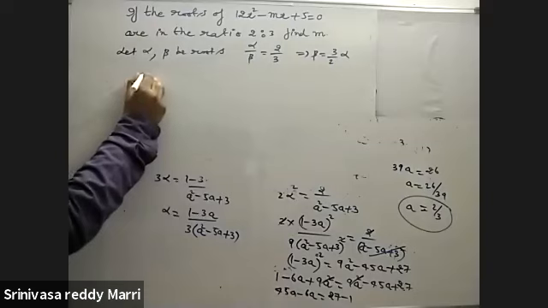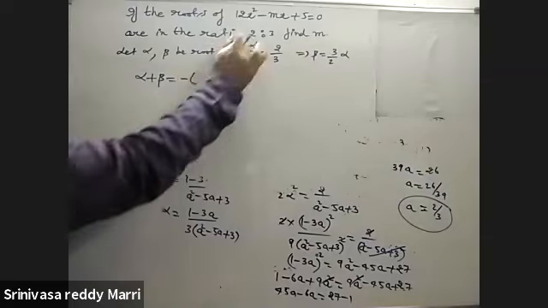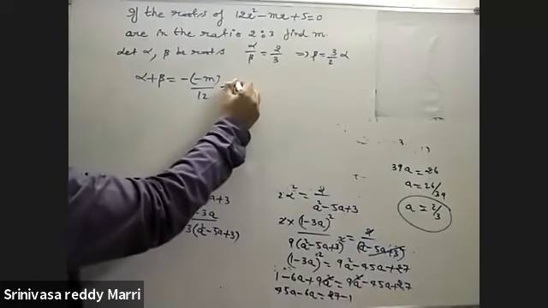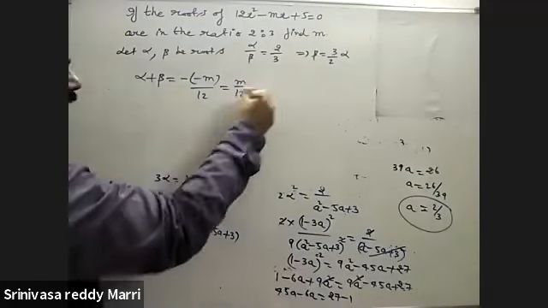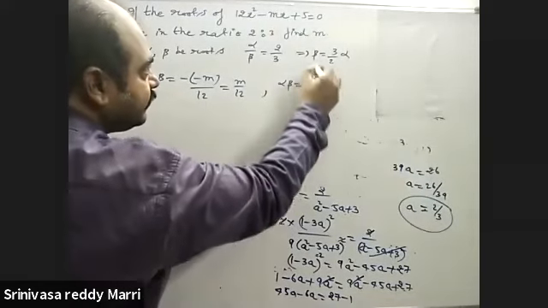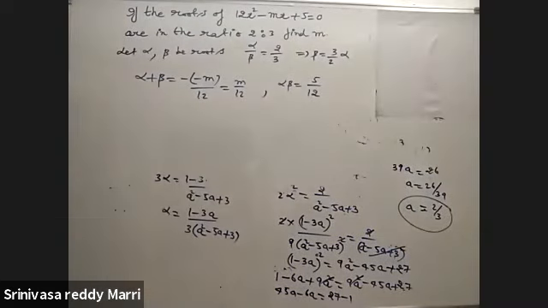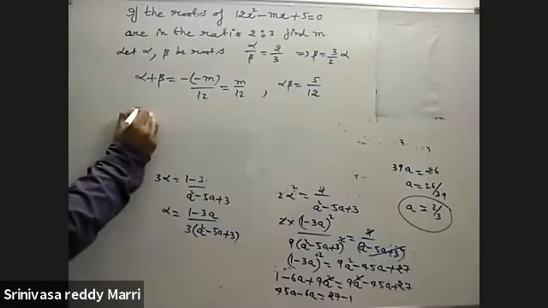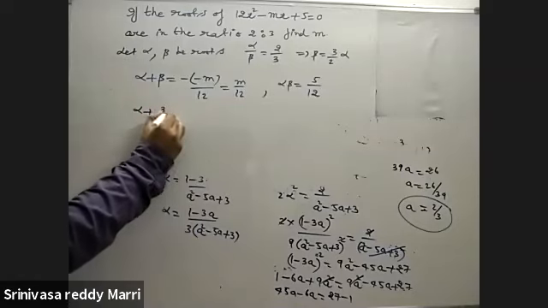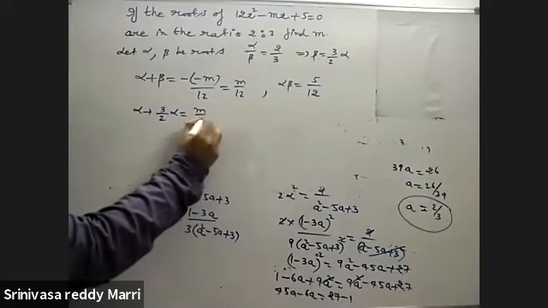Now what are the relations between the roots? If alpha, beta are the roots, alpha plus beta equals minus b by a. b means minus m, divided by 12, so this is m divided by 12. Now alpha beta is c divided by a, c means 5, a means 12. So in place of beta I am substituting 3 by 2 alpha: alpha plus 3 by 2 alpha equals m divided by 12.